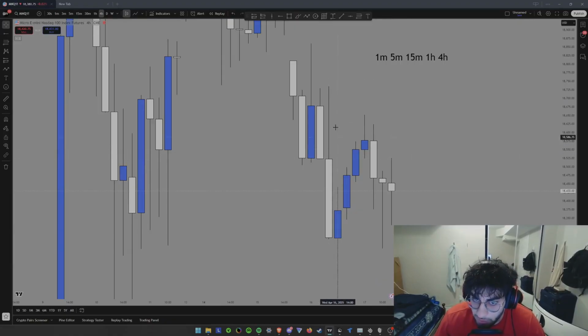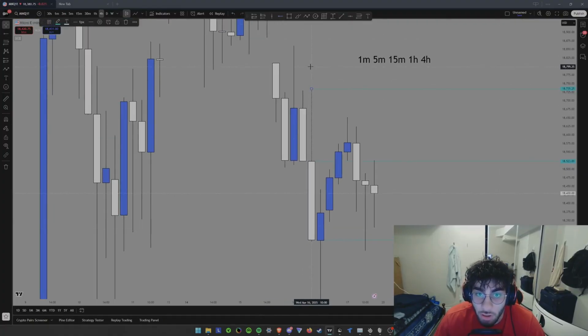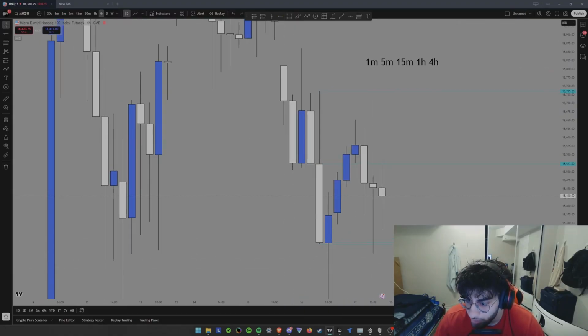It opened at this price level of 18,523, and it closed at 18,293. However, it ranged all the way up here, which is 200 points, but then came back down and eventually closed at 18,288.